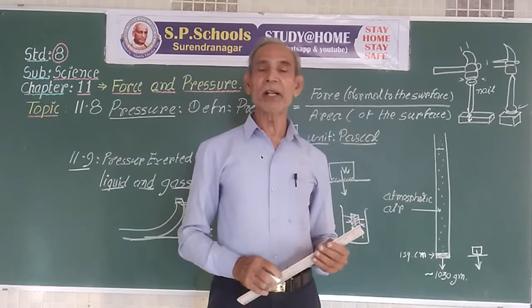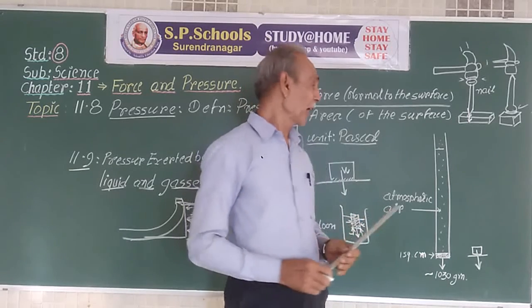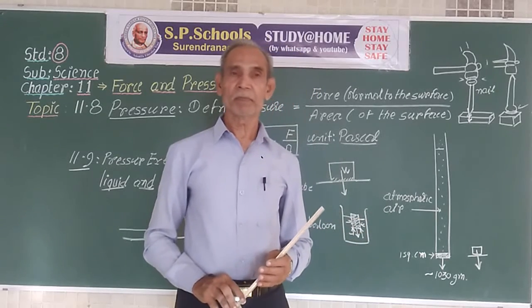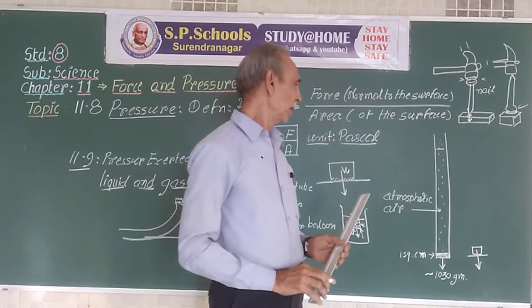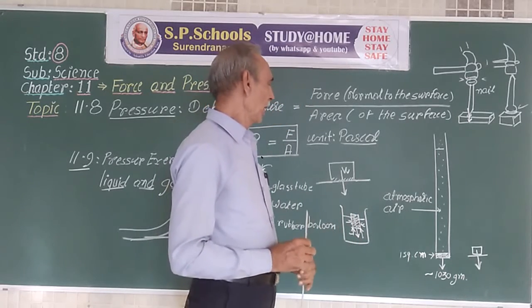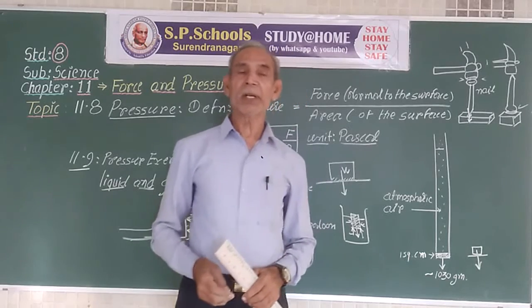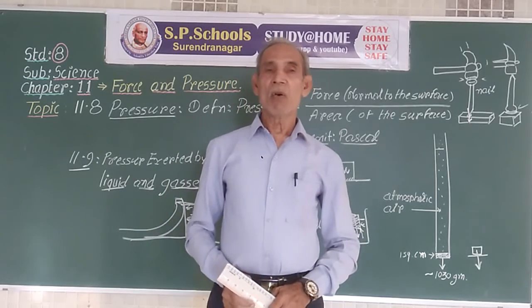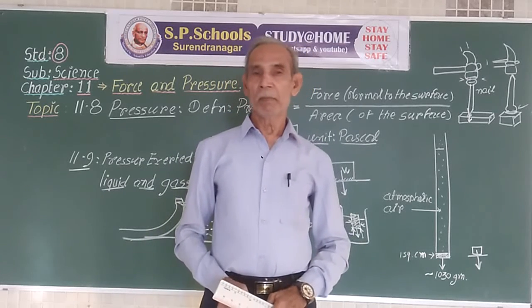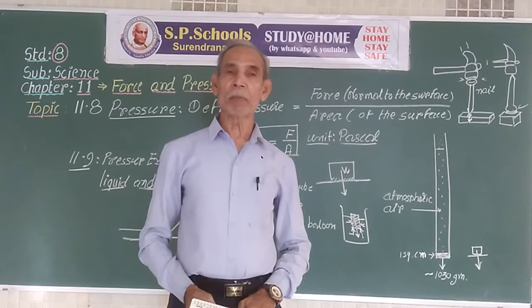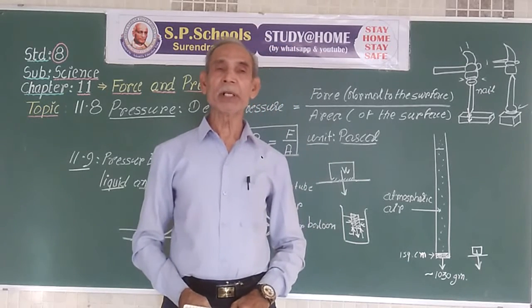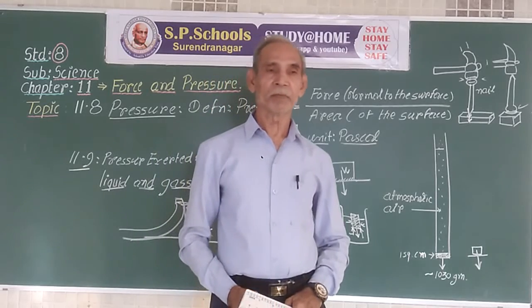Pressure is measured in the height of a mercury column. Blood pressure is normally 120 millimeters of mercury, the highest, and 80 millimeters of mercury, the lowest.